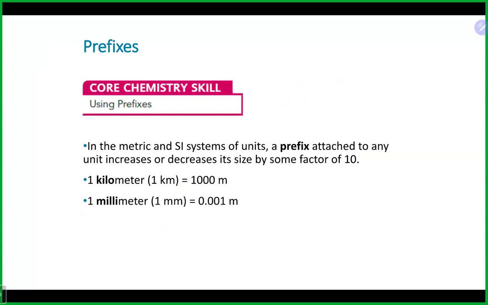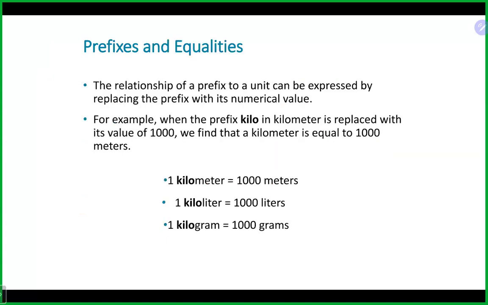Now, I think we touched a little bit upon this earlier, but again, we do use prefixes a lot, and they do come up. And we do want to make sure we use the prefixes correctly. For example, kilo is 1,000. You will also sometimes see it on the table listed as 10 to the 3.